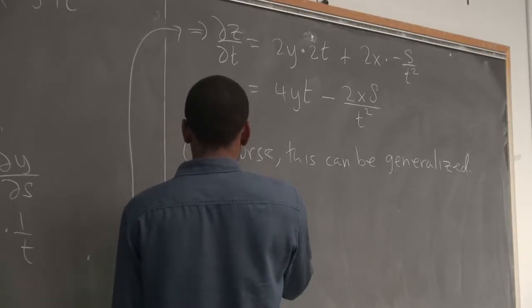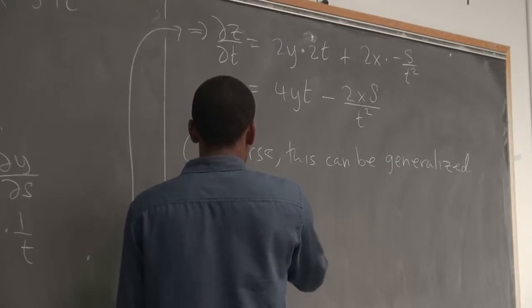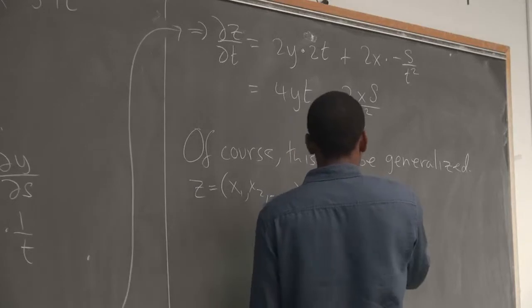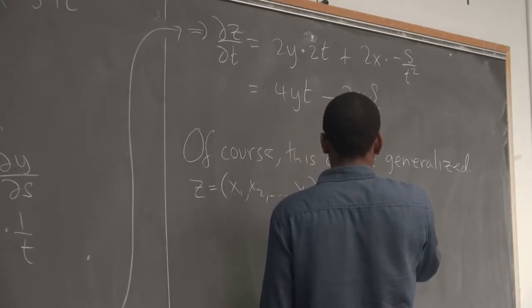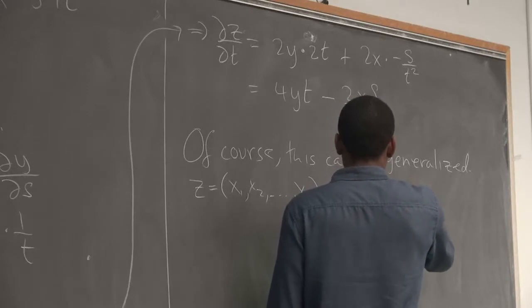Say z is in terms of x1, x2, ..., xn, where each xi is a function in terms of y1 to yn.